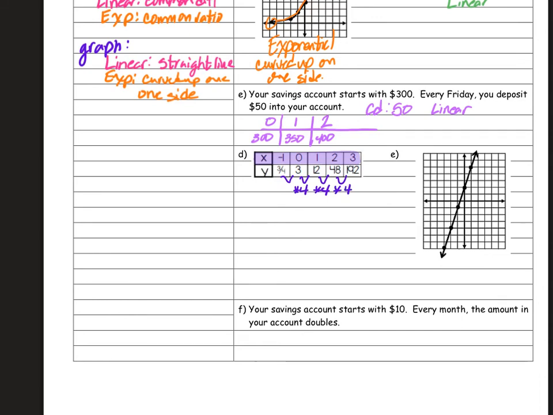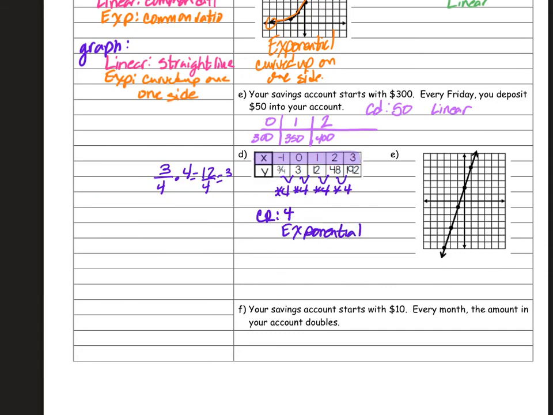Now, if we want to make sure that 3/4 times 4 equals 3, well, we can do that. That's 12/4, and 12/4 equals 3. So yeah, I'm still multiplying by 4 there. Okay, so that means I have a common ratio of 4, and that means that it is exponential.